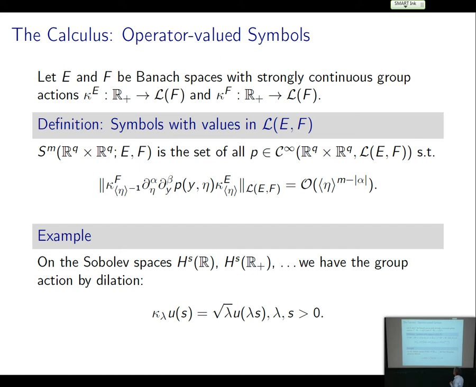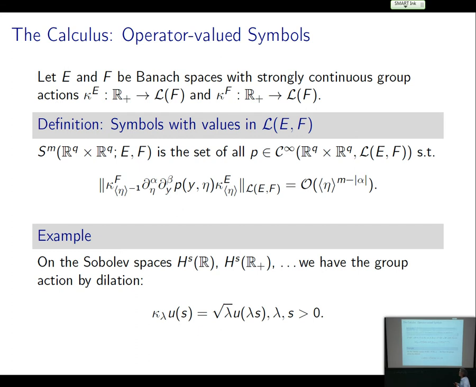In the standard Sobolev spaces, you always use the dilation. So lambda is a positive number. Your group action dilates the function by this factor lambda, and just for convenience, to make it unitary, you add the square root of lambda so that it's a little bit nicer, but it doesn't make a big difference for the estimates. This wouldn't change anything.